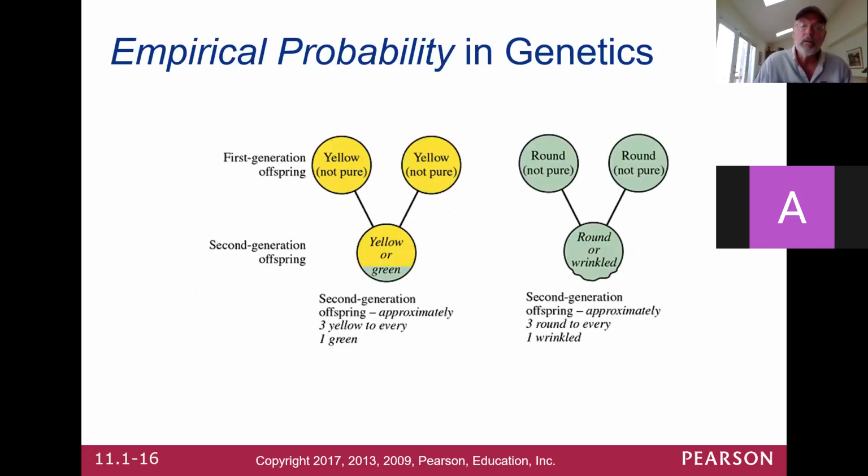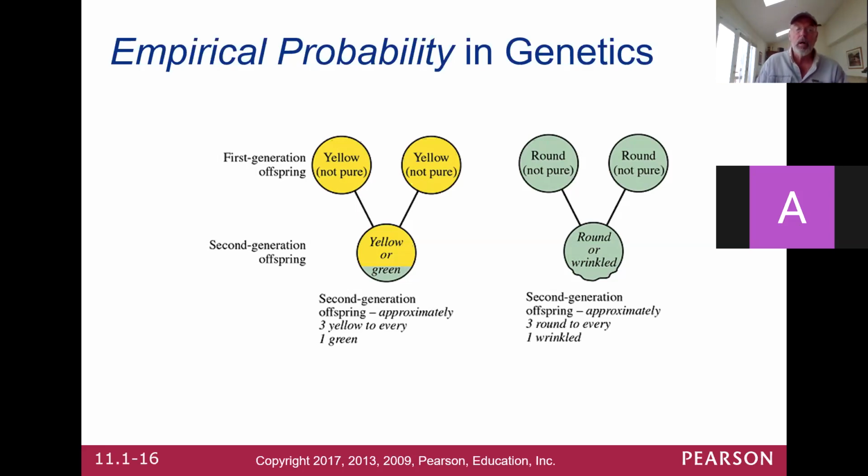And here is an empirical probability of genetics. We have the first generation offspring, and after the second generation offspring, he noticed that about 75% of the second offspring were yellow, and 25% of them were green.